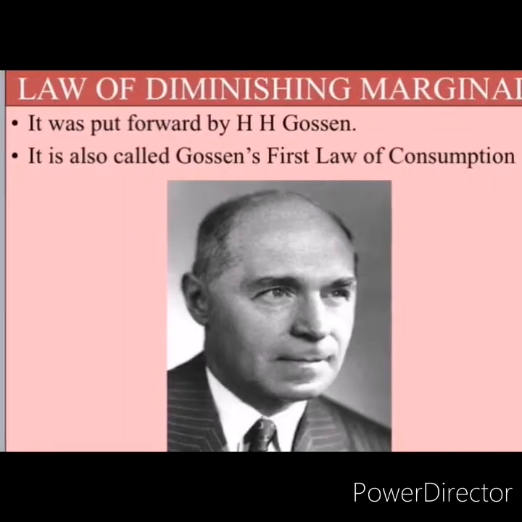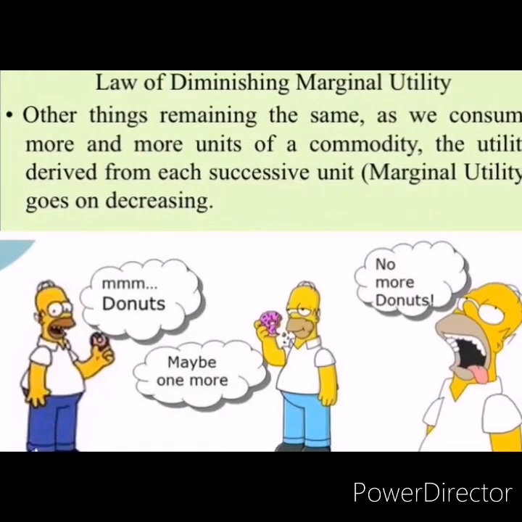Next is the law of diminishing marginal utility. So this law is given by Professor H. Gossen, and it is also known as Gossen's first law of consumption. What does this law state?